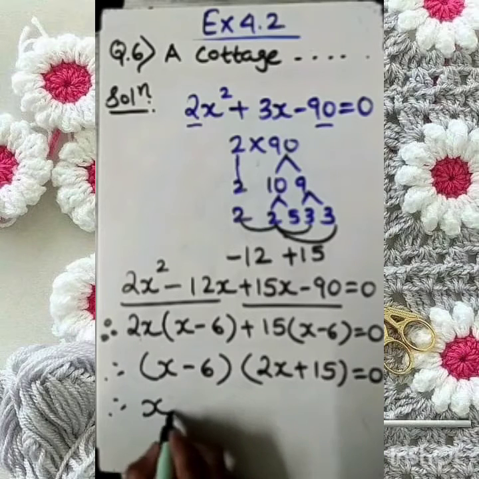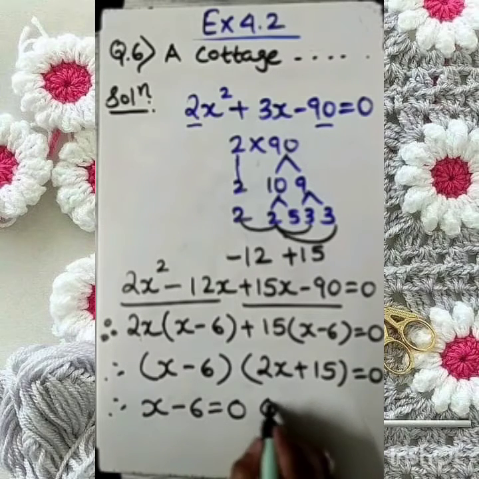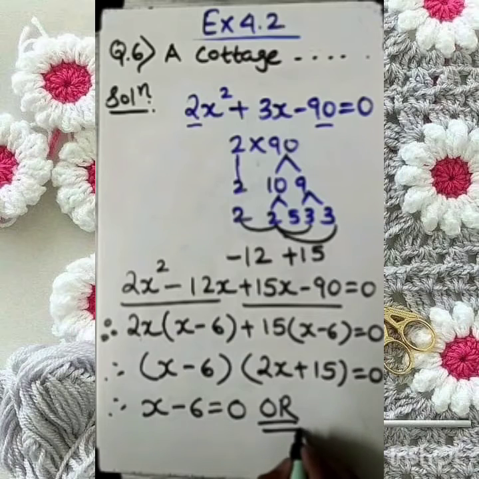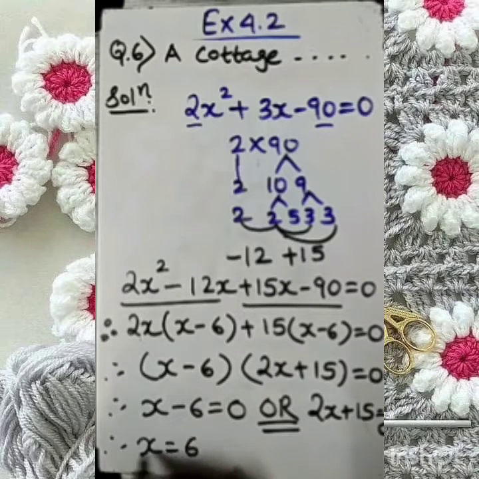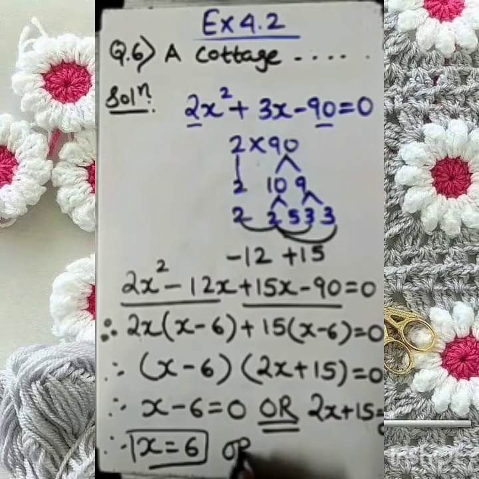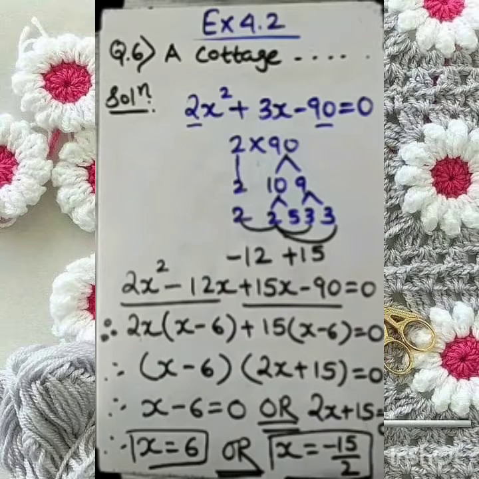Now let's compare: x minus 6 equal to 0 or 2x plus 15 equal to 0. So x equal to 6, or if I make x the subject, 15 will move to that side: x equals minus 15 divided by 2. These two are the results.